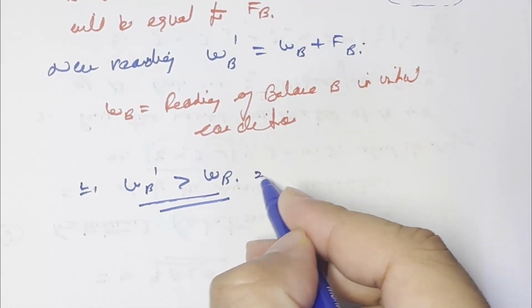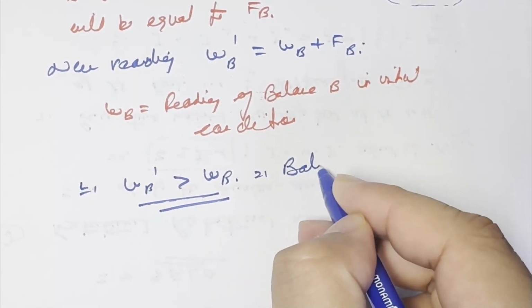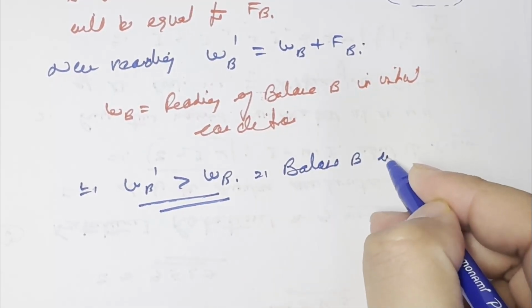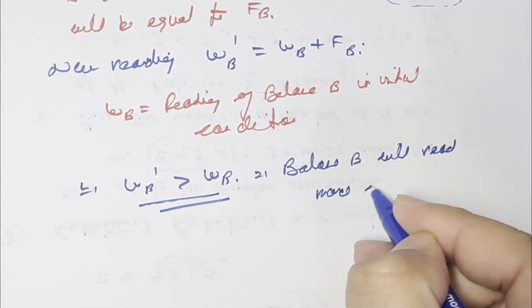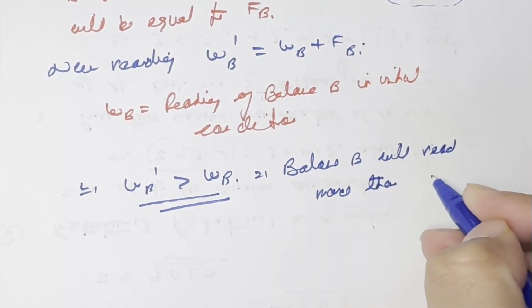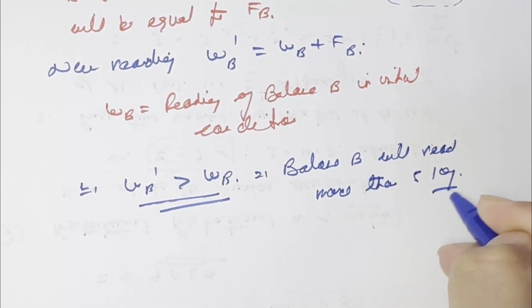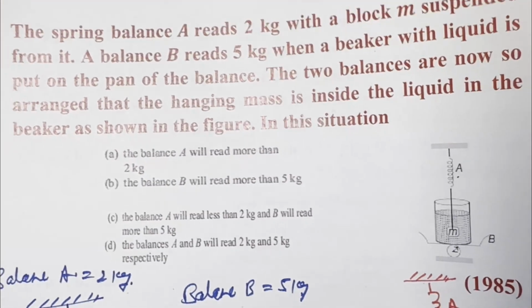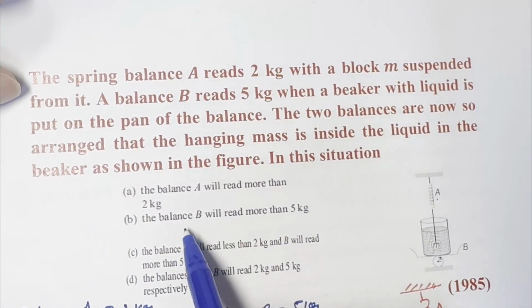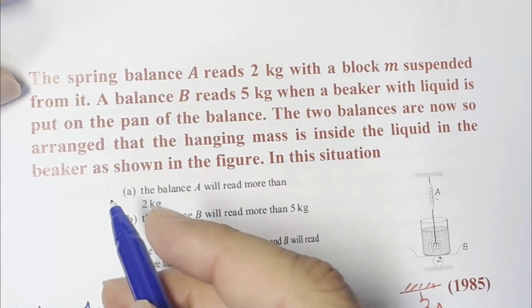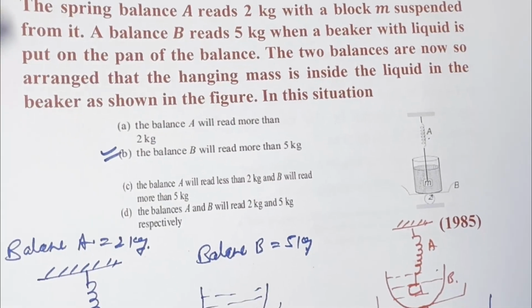So it means balance B will read more than 5 kg. And if we check the options available to us, we just found out that balance B will read more than 5 kg, so option B is correct.